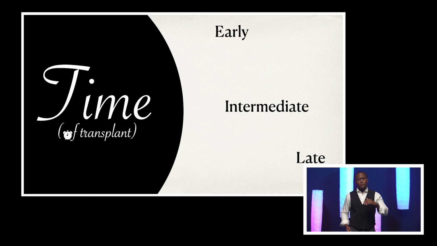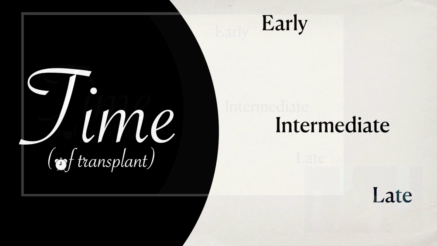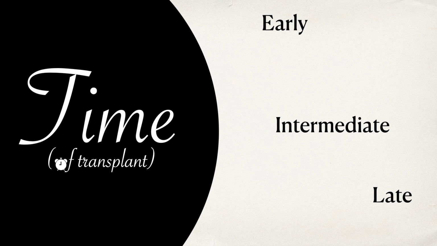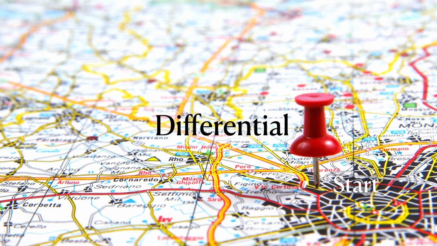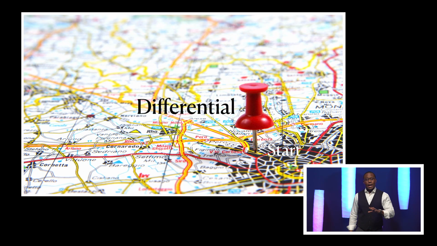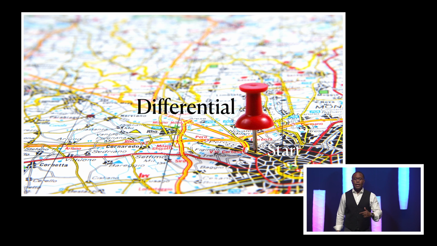If your transplant was in the first 30 days, that's early. From the end of month 1 to 6 months is intermediate, and late is 6 months and moving forward. That alone will provide a map for a great differential and give you and me a place to start with our management and conversation with the transplant surgeon.